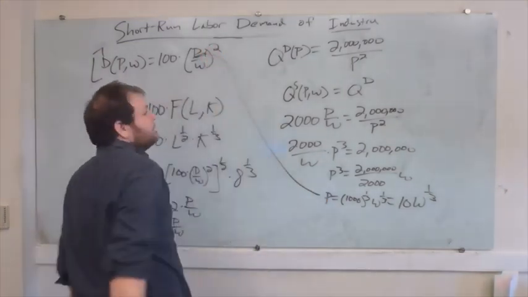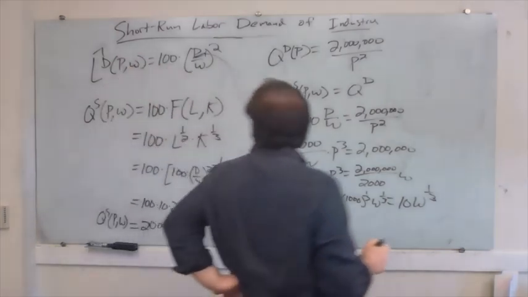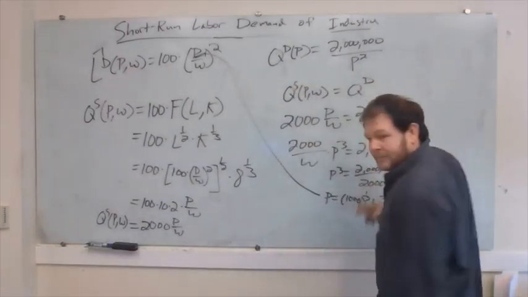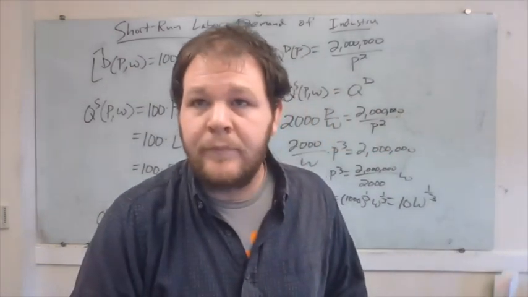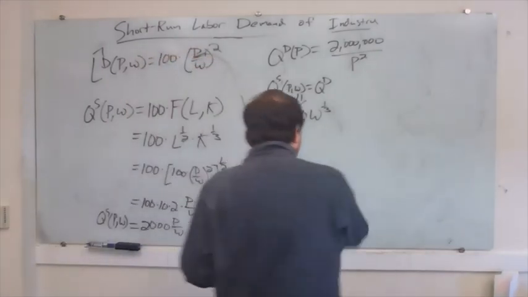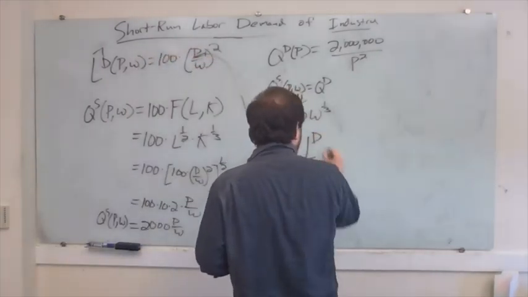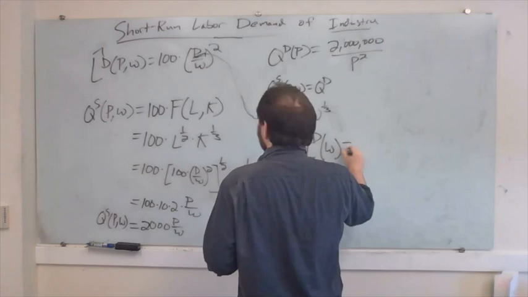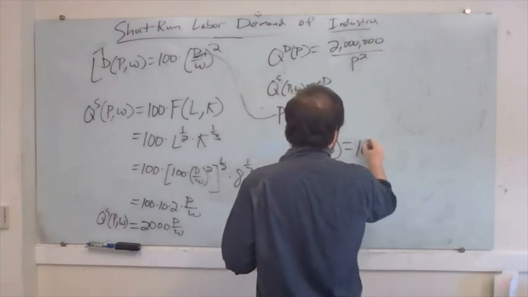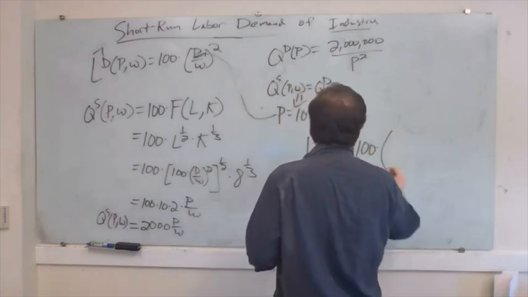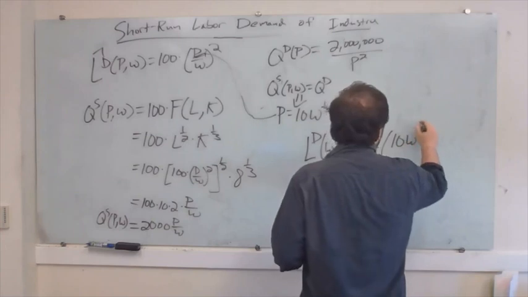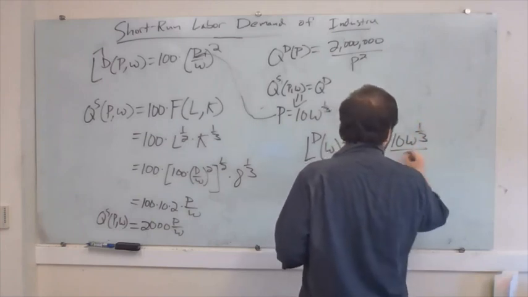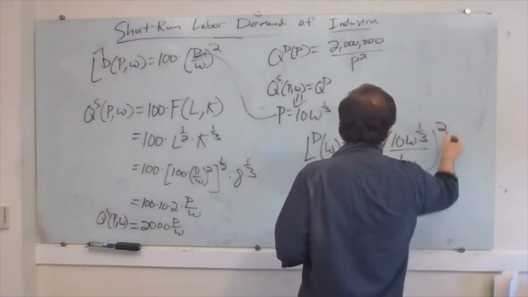So now the only thing left to do is to plug this in for P up here. So we'll finish this thing off by saying that labor demand of the entire industry, just as a function of W, has to equal 100 times 10W to the 1/3 over W quantity squared.